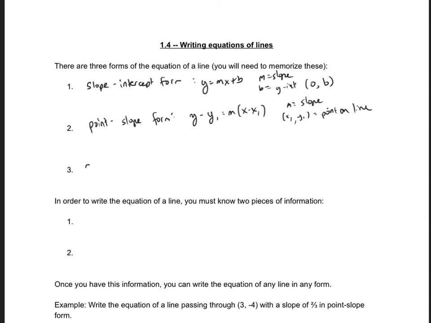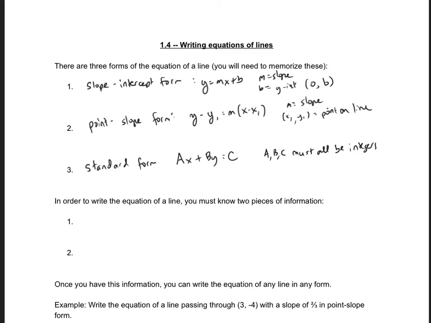The third form, which is actually more useful when we're working with systems of equations, is called standard form. Standard form is given by ax + by = c. And there's a few restrictions on a, b, and c. A, b, and c must all be integers. That means no fractions, no decimals.